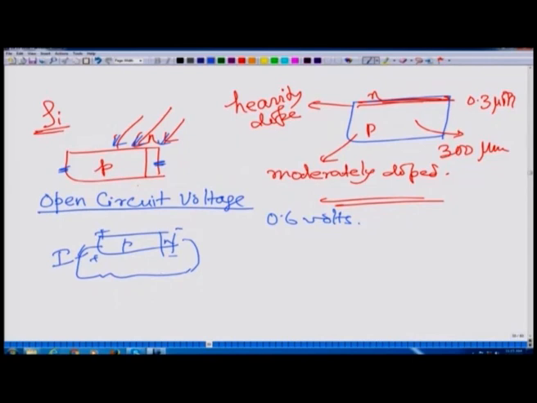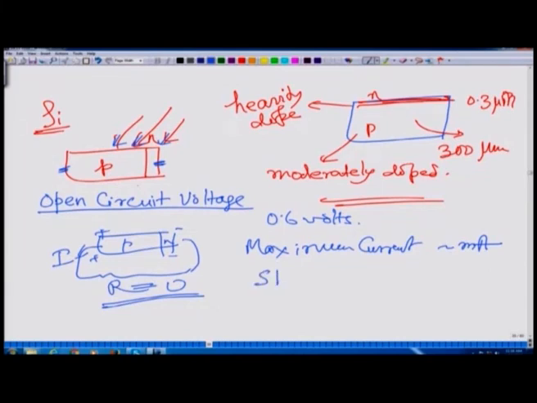And if you short circuit it, if this R is very small, is 0, then the maximum current, which is hardly in the milliampere range, so a very small current, is known as the short circuit current.